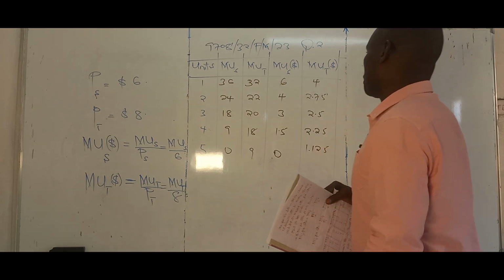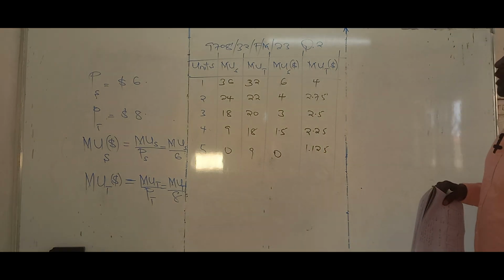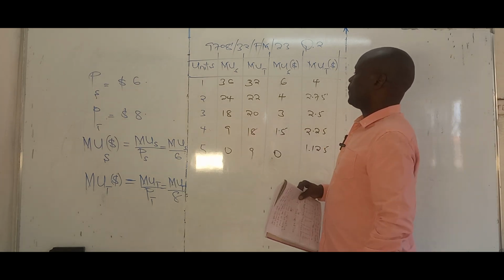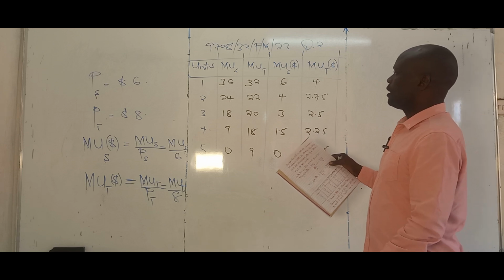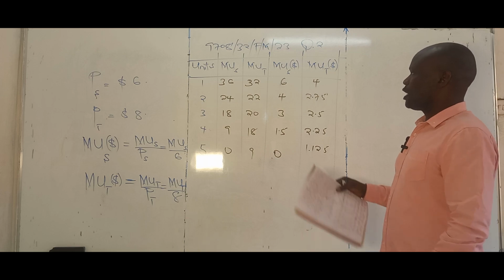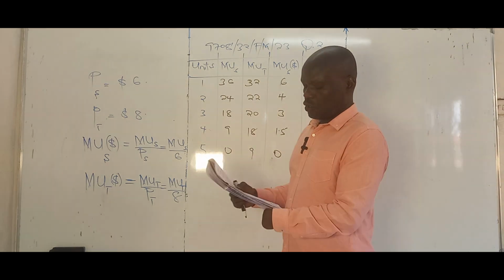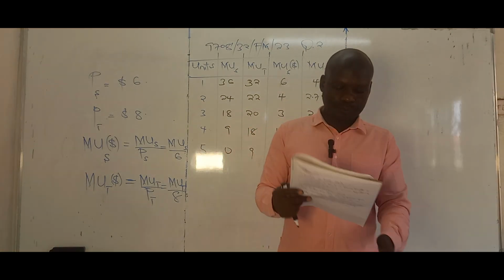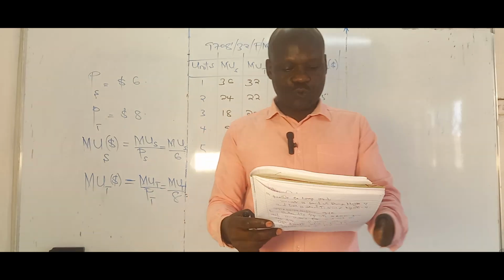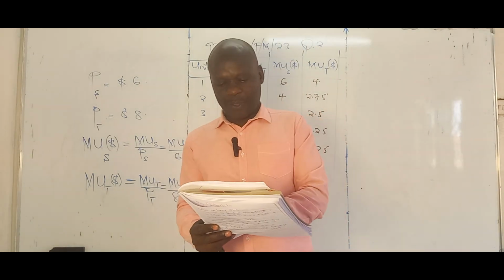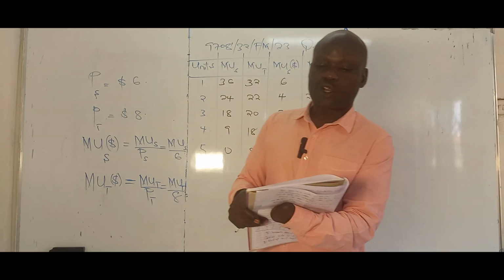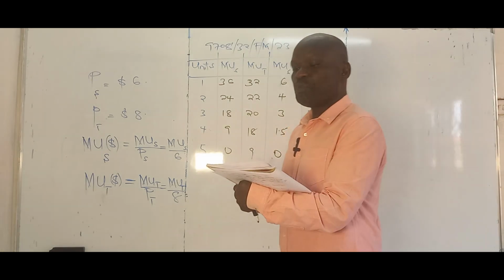Now, what is our interpretation now that we have these values? How do we make our decision to pick a combination of goods S and T that will ensure this particular consumer maximizes his or her total utility out of consuming these two commodities? To maximize utility, the consumer should consume units where the marginal utility per dollar of good S and good T are as close as possible to being equal.